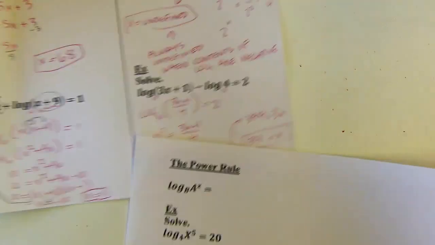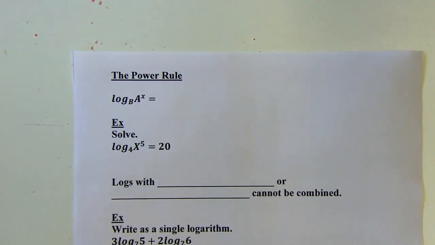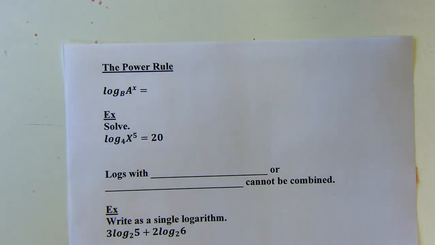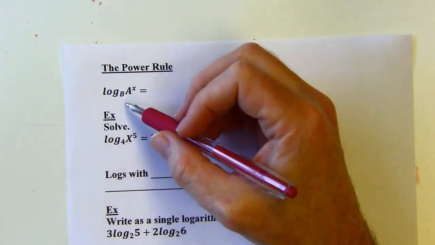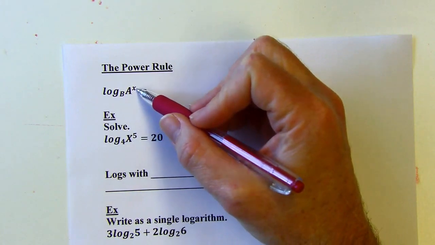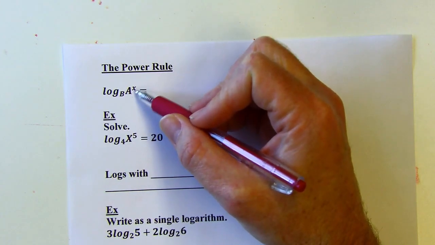Okay, next up is something called the power rule, and this is going to be super useful in certain circumstances. So when we've got a log where the contents are raised to something, it doesn't have to be x, it could be anything.